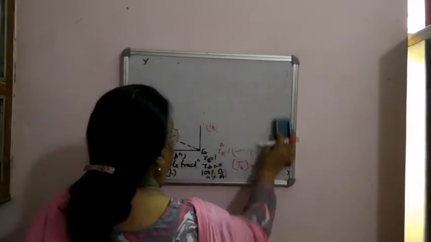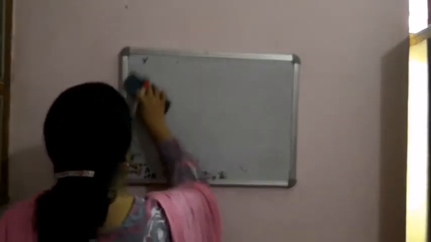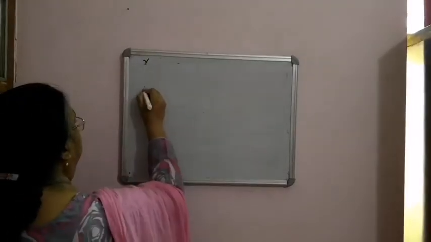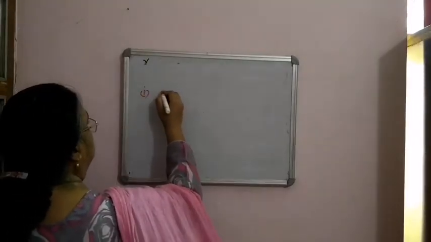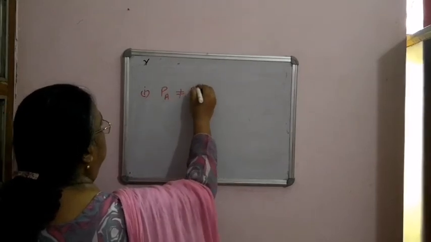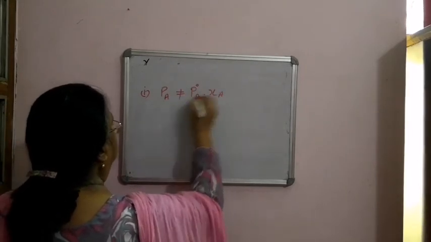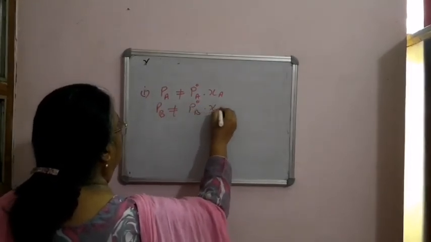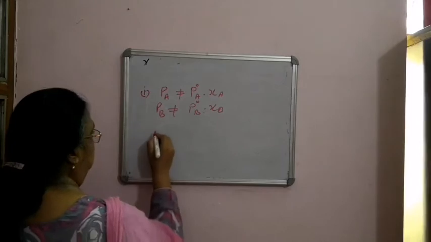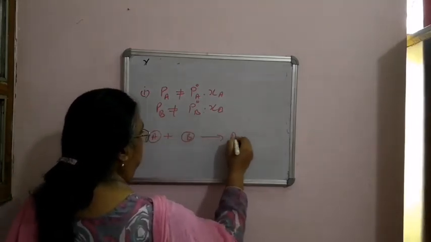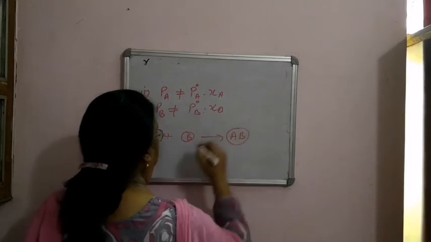The reason is exactly like what we have done for type 2. What is that first condition? That is, PA is not equal to the product of these for a non-ideal solution. Why is that? We have A molecules and B molecules giving you the AB molecule.